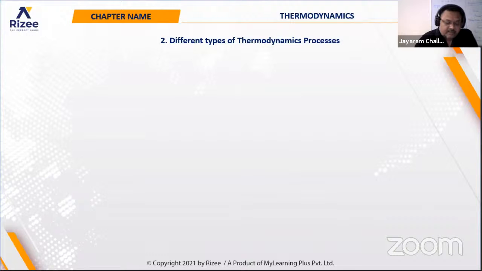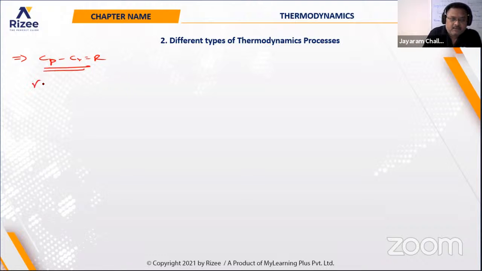Now, before directly going to the specific different processes, I'd like to continue with the specific heat. The relationship between Cp and Cv can be written as Cp minus Cv is equal to R. This is one of our relations between the specific heats of gases, and gamma is equal to Cp by Cv, the ratio of the specific heats.